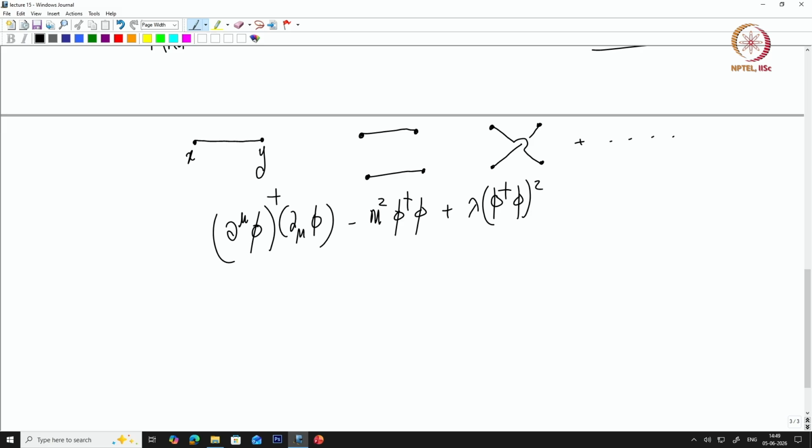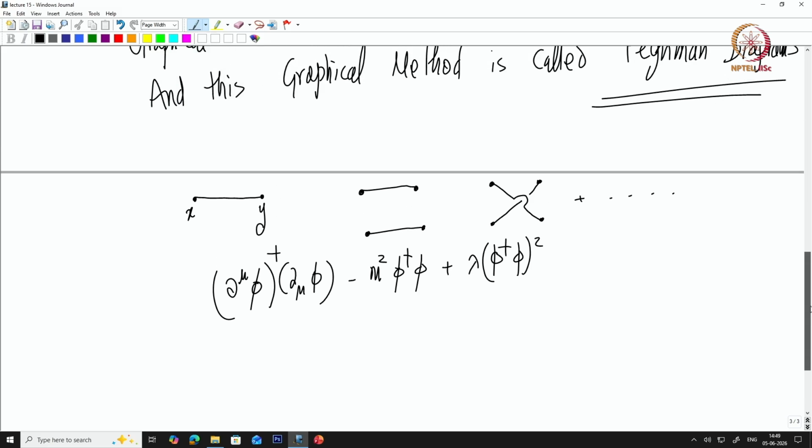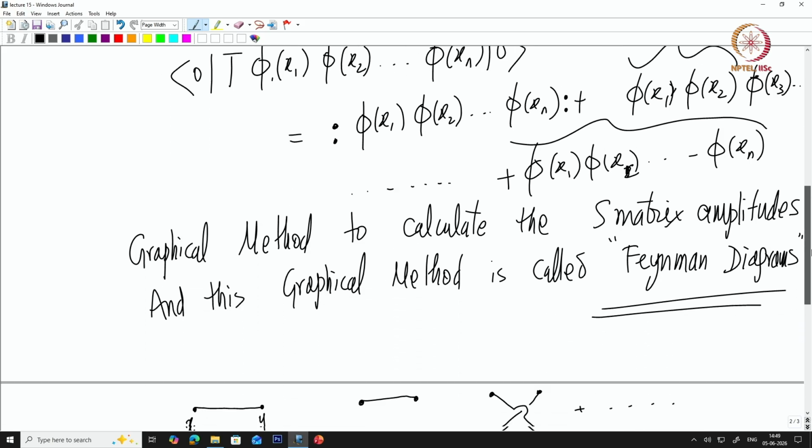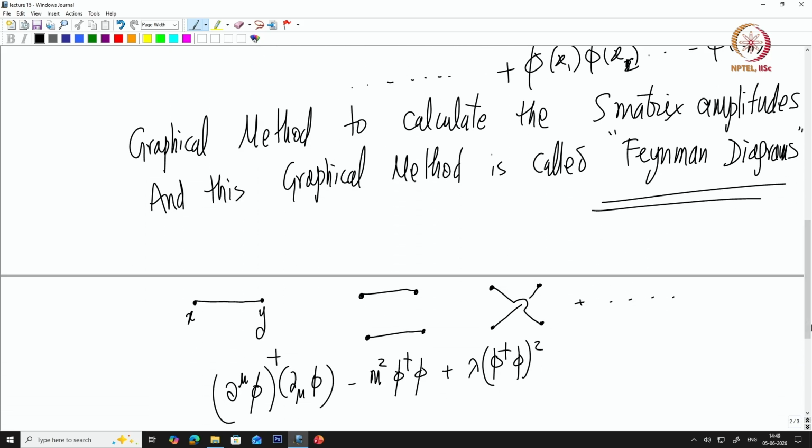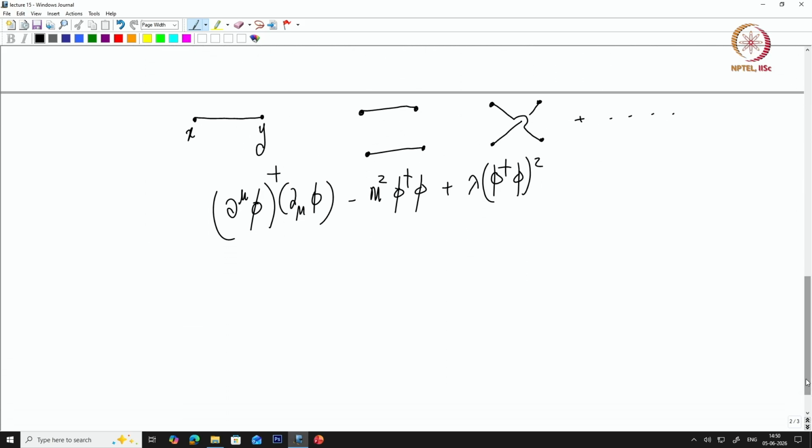So you will have all these things which emanate in your theory from your Lagrangian. Whatever your Lagrangian, only the relevant ones which are present in your Lagrangian will be useful.